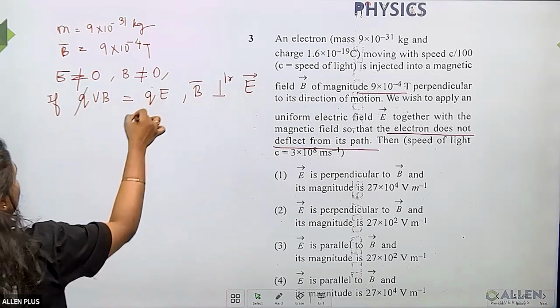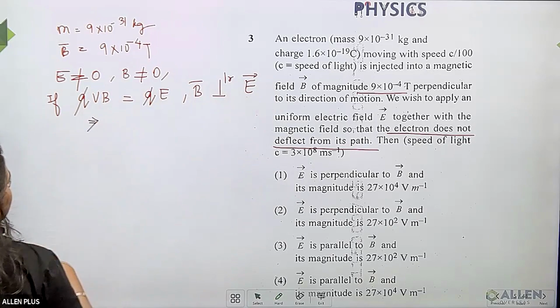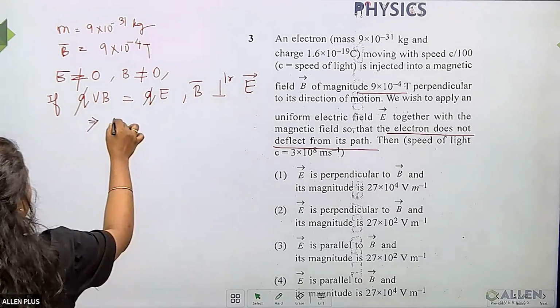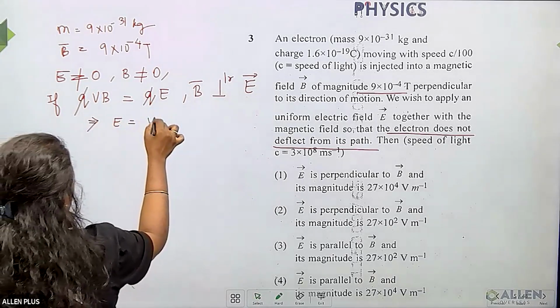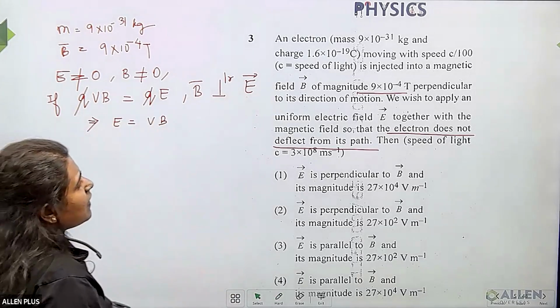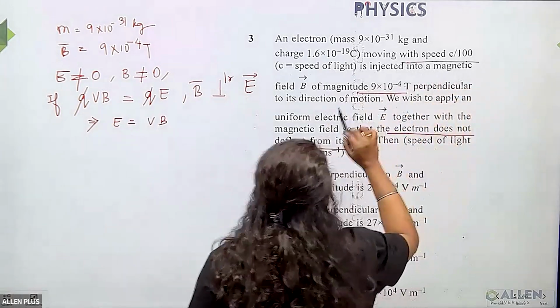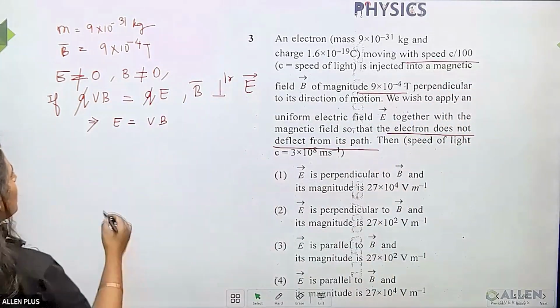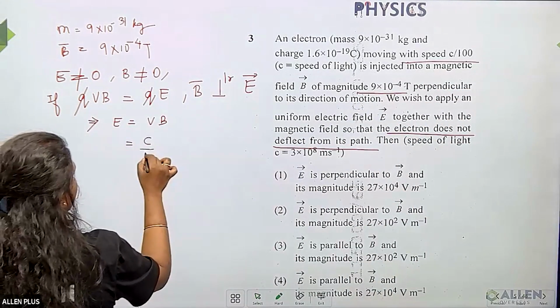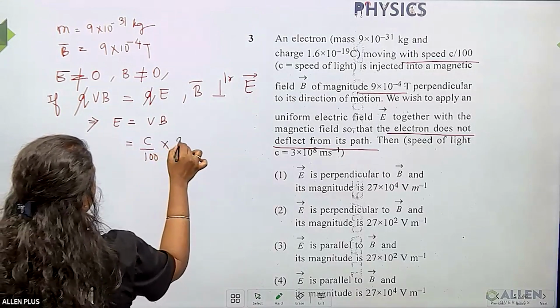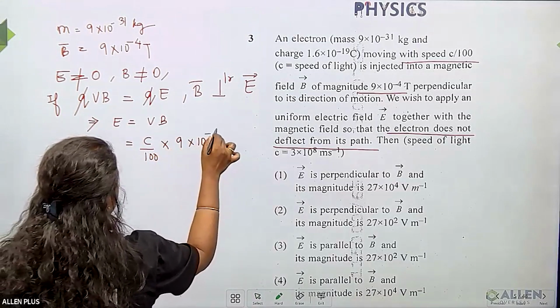So when Q gets cancelled, you will have the value of E equal to V into B. And what is the velocity value they have given here? The speed of the particle is c by 100. So I can say this as c by 100 into 9 into 10 to the power minus 4.